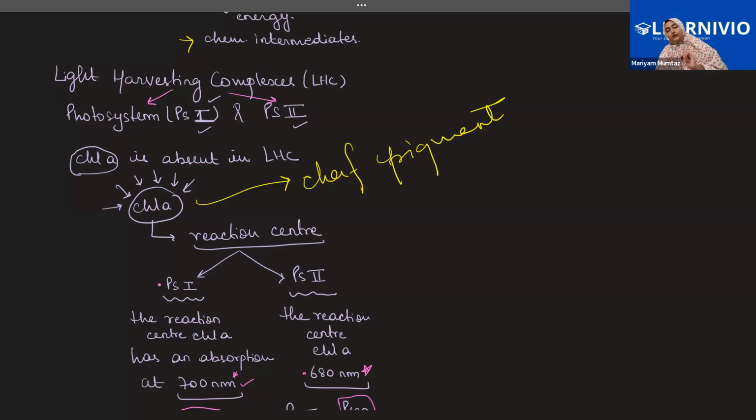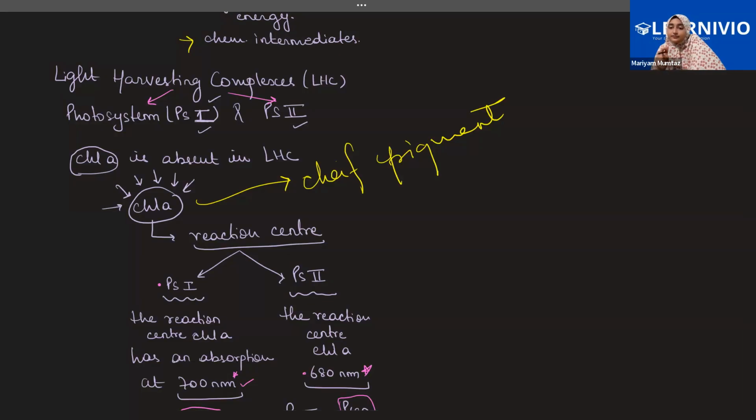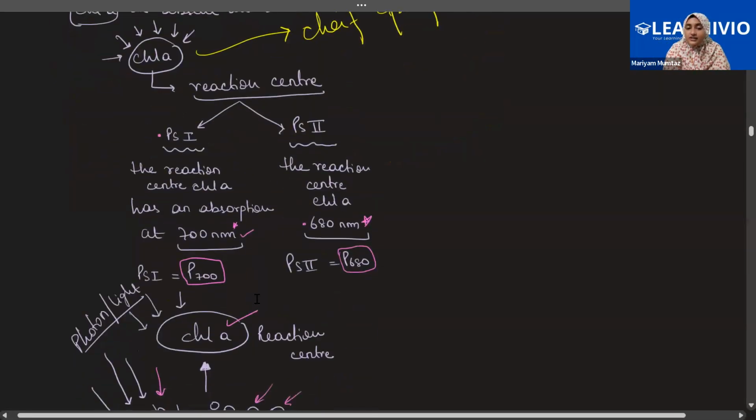Why is only chlorophyll A the chief pigment? Because chlorophyll A is there in all plants, and this chlorophyll A absorbs maximum light. Do you people remember in which region of light does photosynthesis take place? Which color? Blue and red. Blue and red region. Very good.